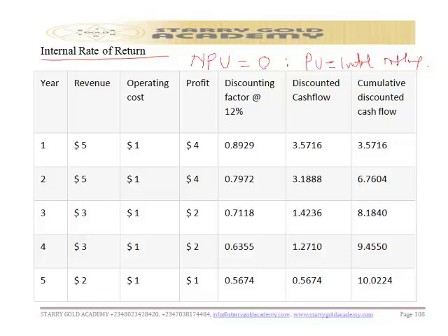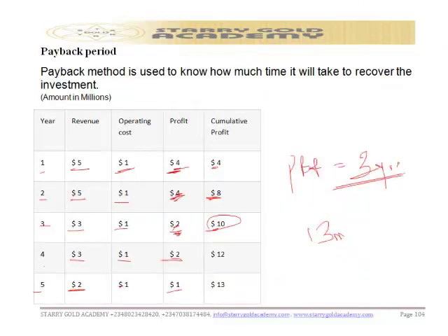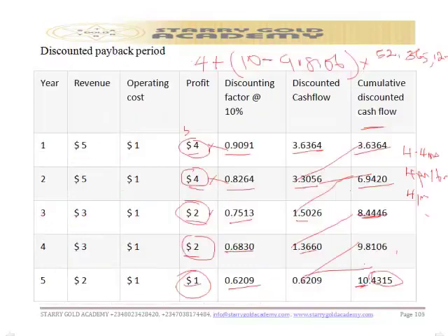We have used 10% in the past as being the rate in the question, and we have a positive NPV. When we use 10%, we have a positive NPV of 0.4315. How is it possible?